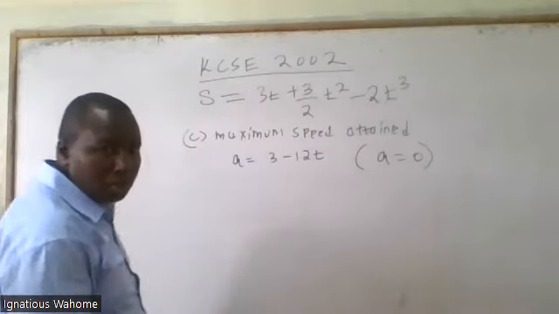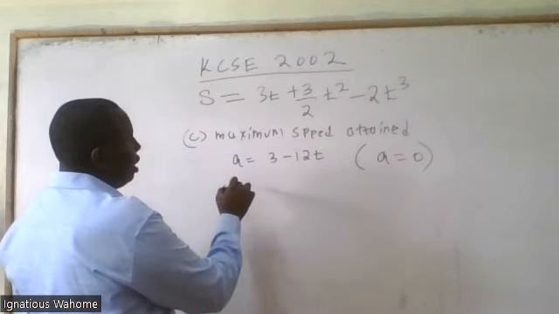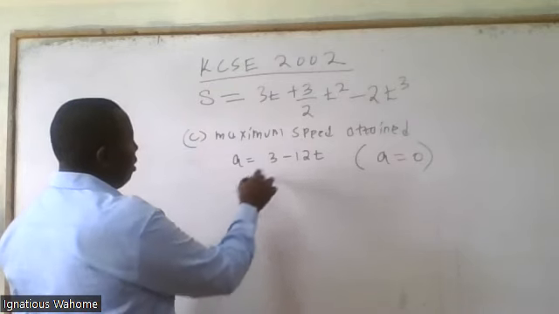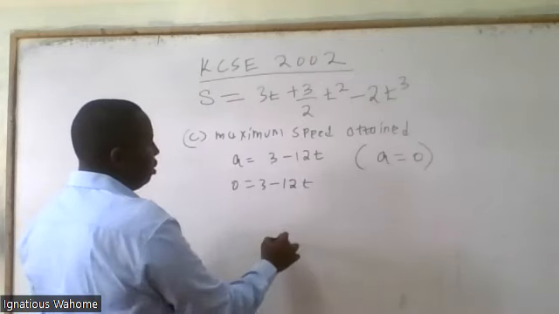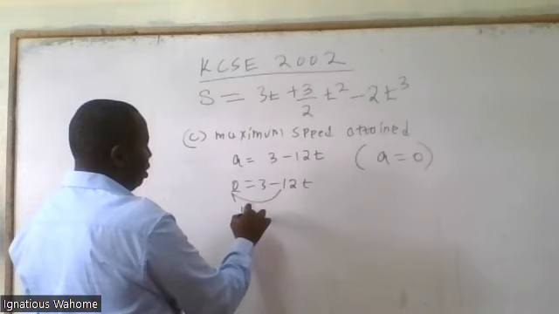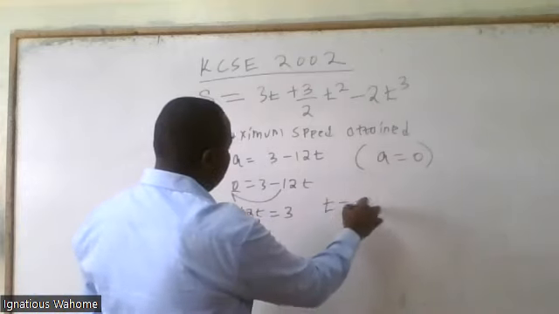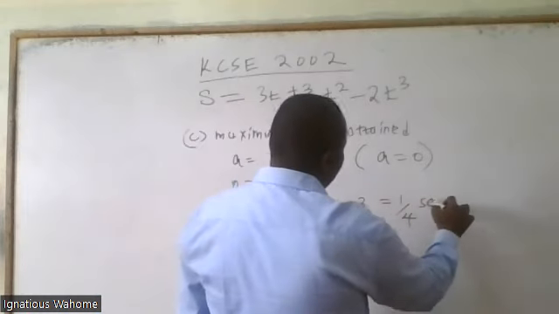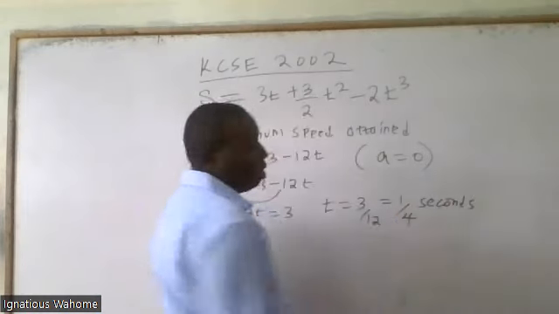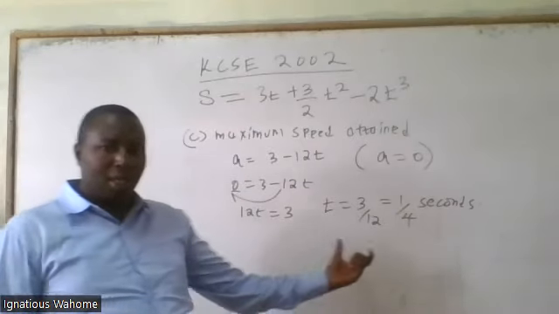So get a, substitute here: 0 equals 3 minus 12t. Bring this to this side. Get 12t equals 3. So what is t? 3 over 12. You get a quarter second. That's the time taken.